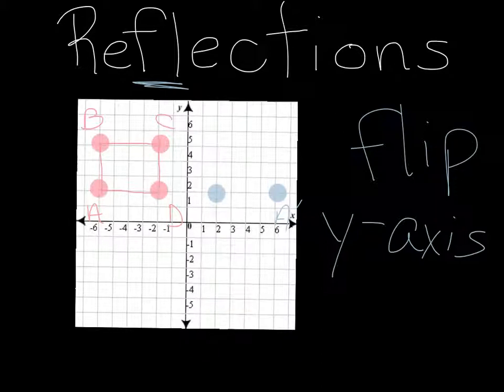So that is where D prime is going to go. Same thing for B. 1, 2, 3, 4, 5, 6.